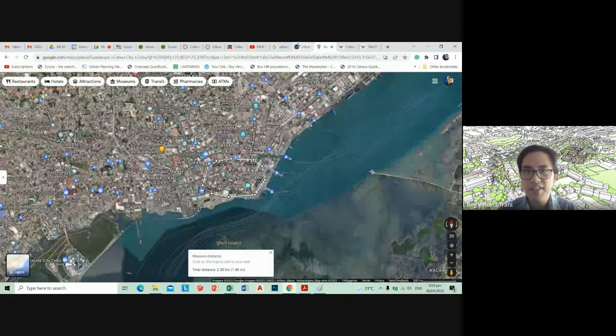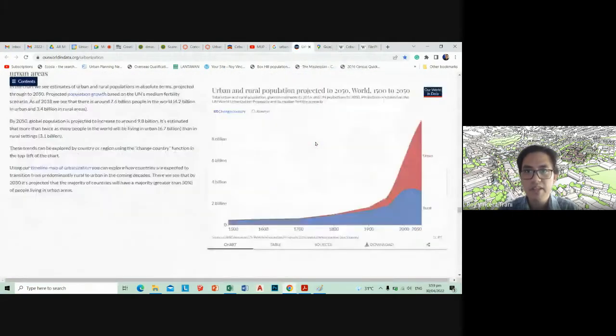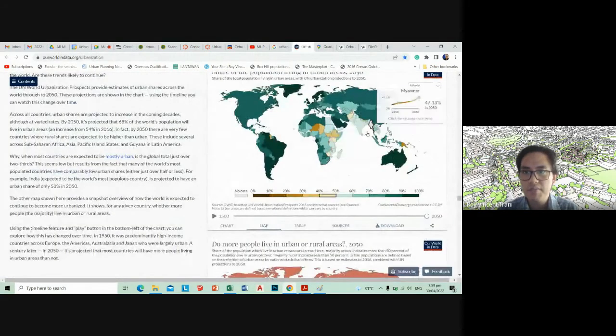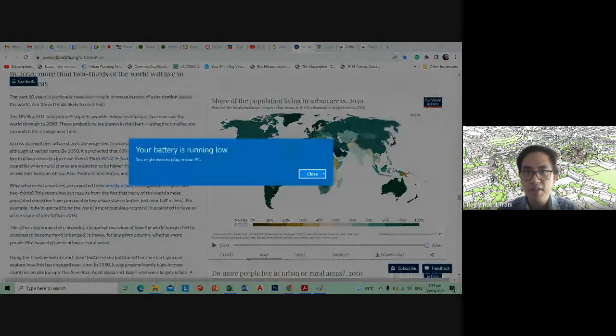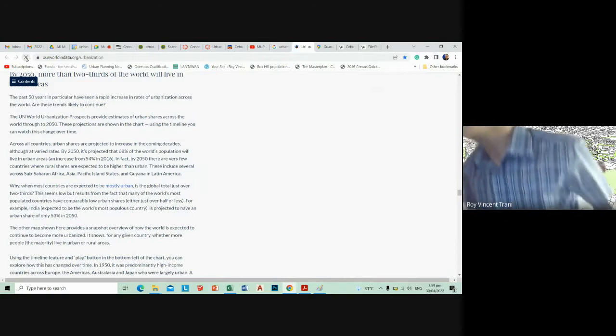And then you can clearly see here, I have a resource here. Let's see, Philippines. You can see the Philippines urbanization rate. You click this. Let me refresh. Hang on.